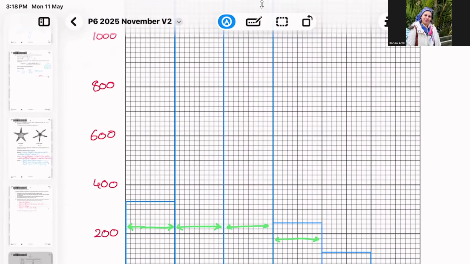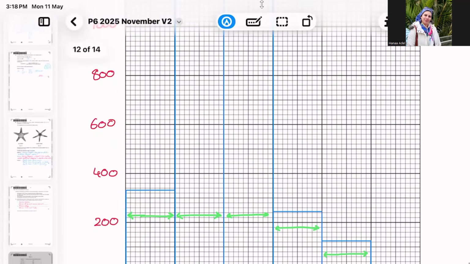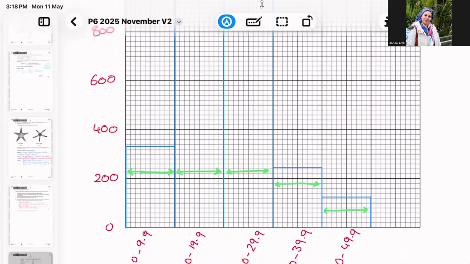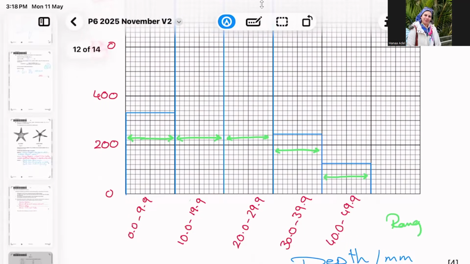No one is greater than the other, all of them should be equal to each other. And there are no gaps between the bars, because this type of histogram or frequency diagram includes a range, so we have a range here. So we have to draw it this way.